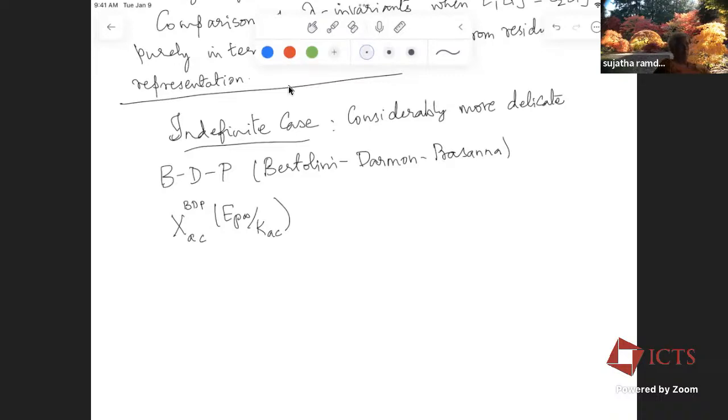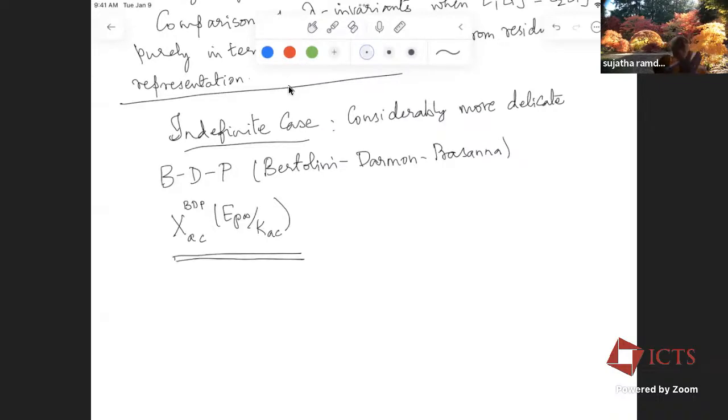And our goal is to reprove or recover all the results that we know in the cyclotomic case and find their analogs for these different Selmer groups in the anticyclotomic case. So let me stop here. Our idea is to first understand Greenberg-Wurzel for the Bertolini, Darmon, Prasanna anticyclotomic Selmer group, because that seems to be slightly easier to work with than the classical Selmer group.